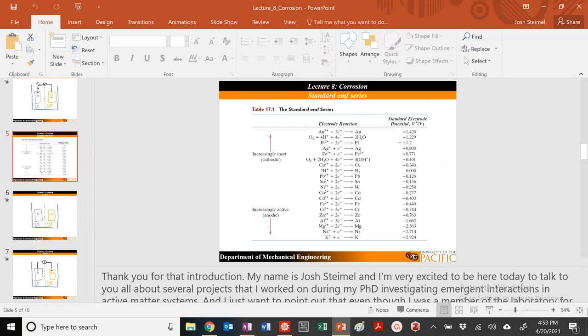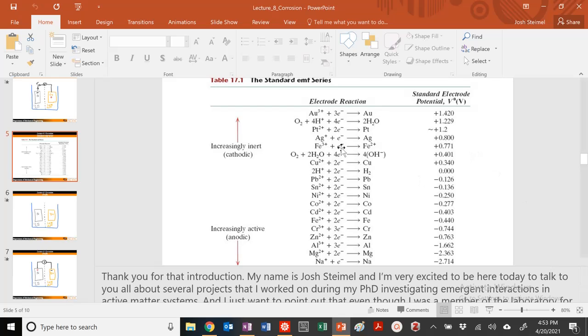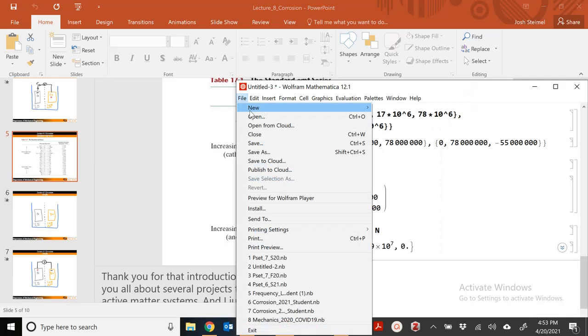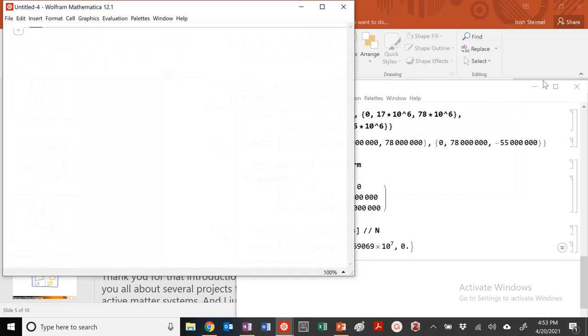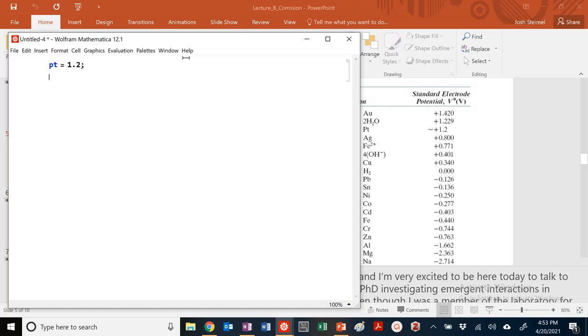We need the E naught of Pt, so let's pull up our Mathematica right here. My Pt is equal to 1.2. I need zinc.